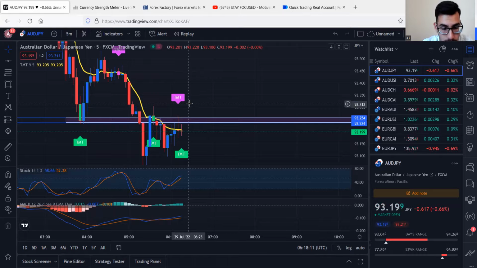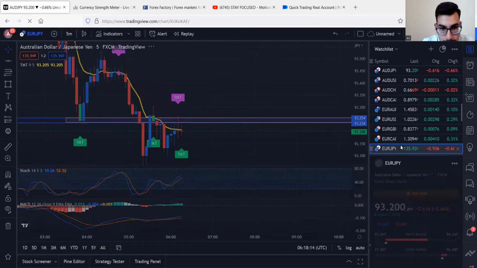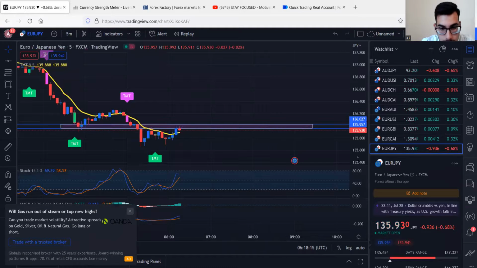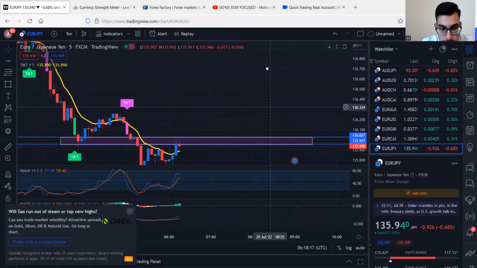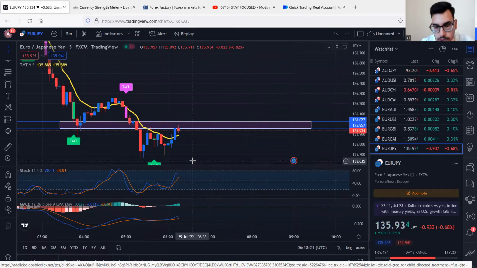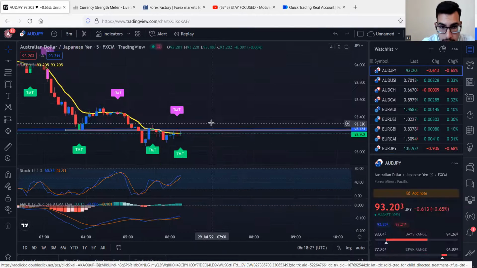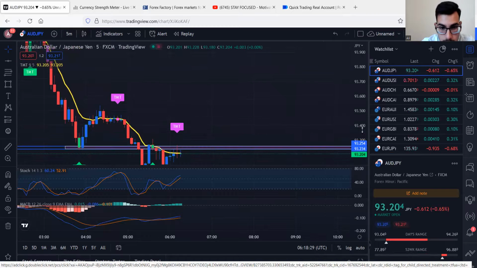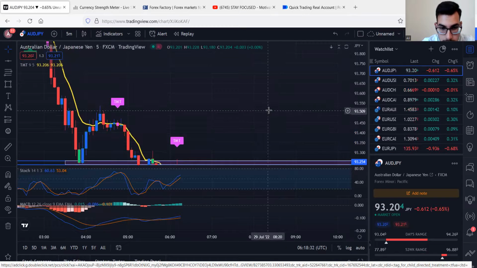But if it doesn't, I would not take it. EuroJPY. Ladies and gentlemen, I would wait. There's 2 more minutes to the end of the candle. Let's focus on these two currency pairs for now, so we can see what the market can do.